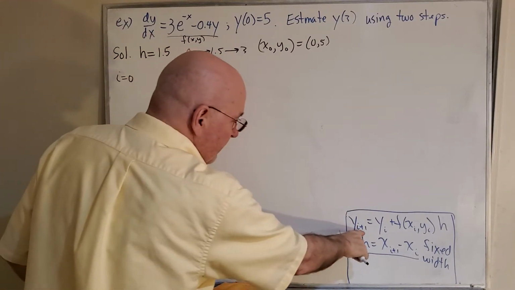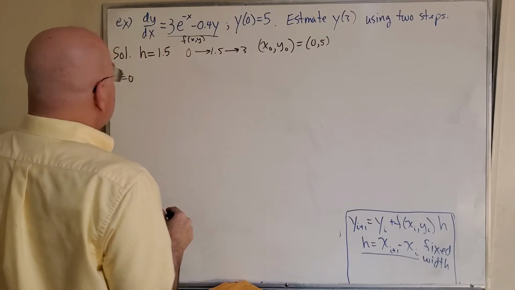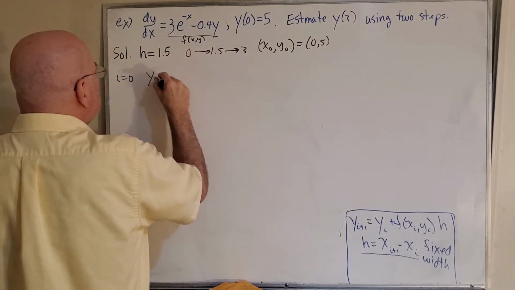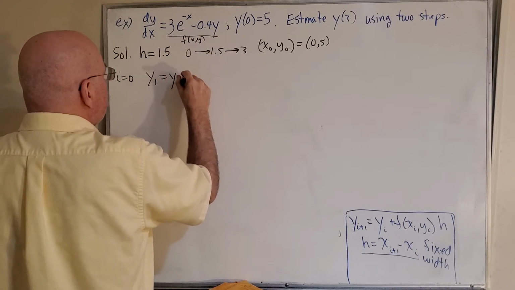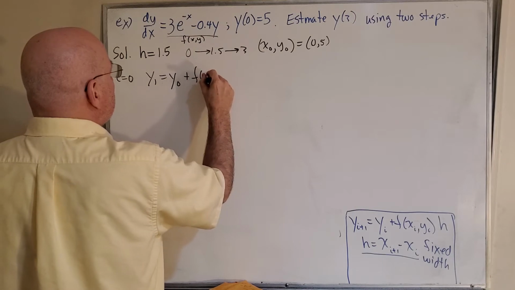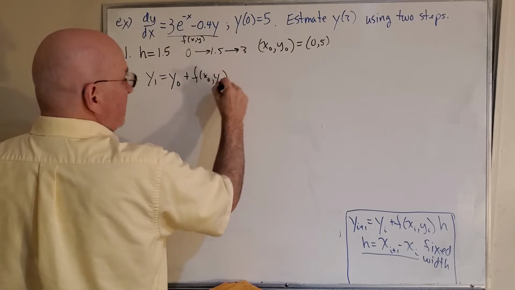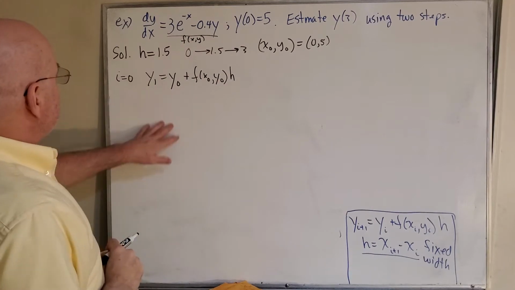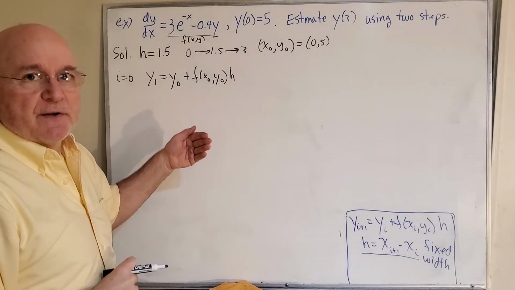That would give us a y1 here. So we're going to get y1 equals y0 plus f of x0, y0 times h. And we're going to do some computing, and that'll give us x1, y1.